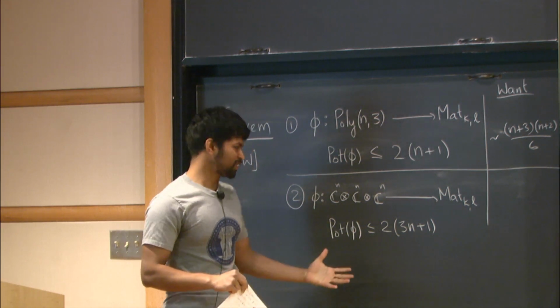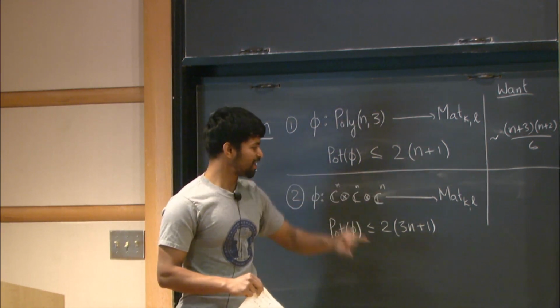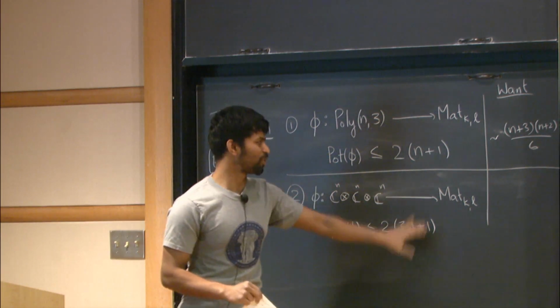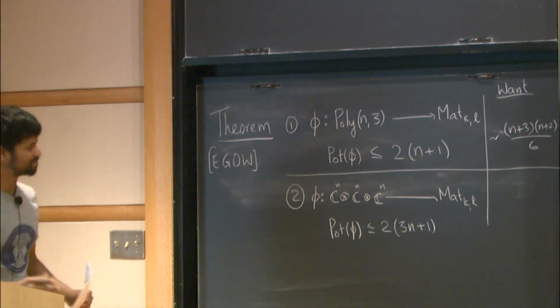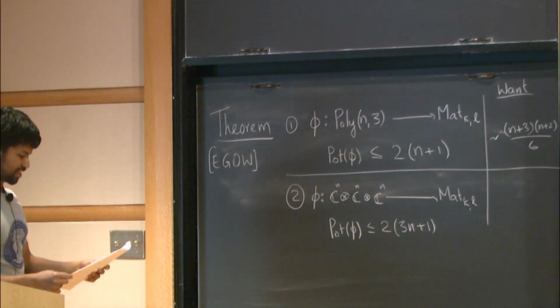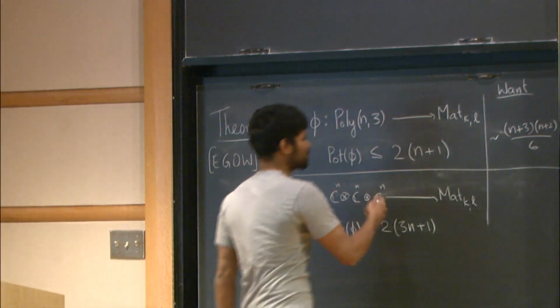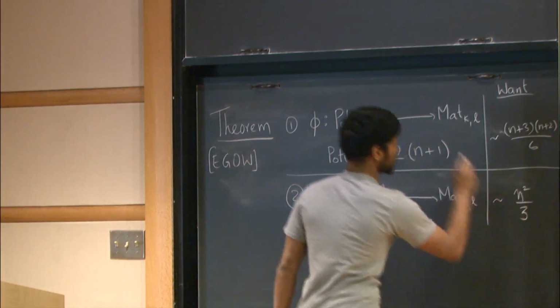This 2 and this 2 have the same meaning. This n and this 3n have the same meaning, just different context, and the 1 and the 1 have the same meaning. The n and the 3n are the number of variables. And what about a random tensor? A random tensor will have about n squared over 3 tensor rank.